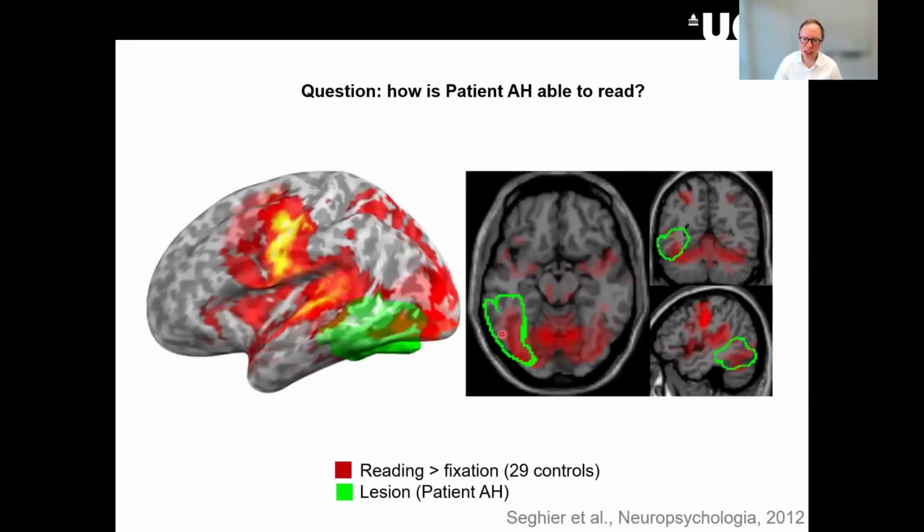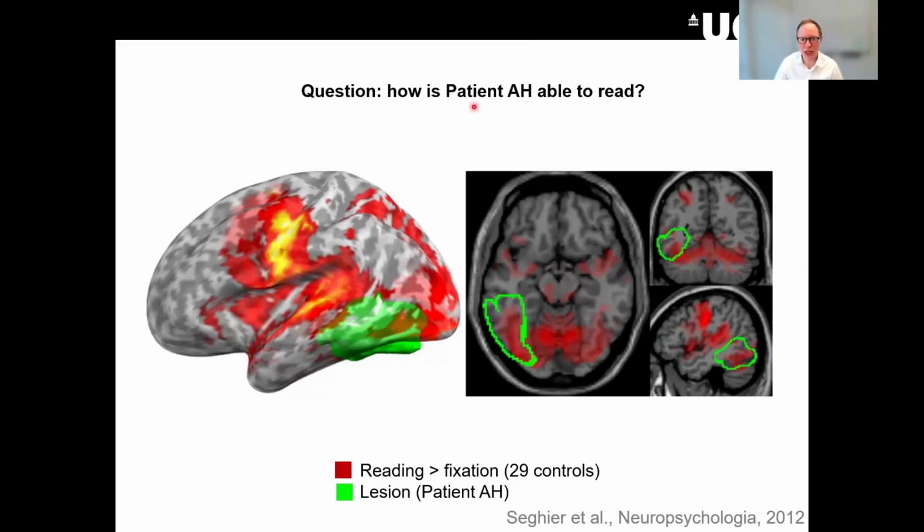She had damage to this part of the brain called ventral occipitotemporal cortex, VOT, highlighted here in green, which the textbooks were saying is an essential part of the language network, the reading network. The thing is, patient AH could still read words so long as they were really short, really common words like cat or dog.